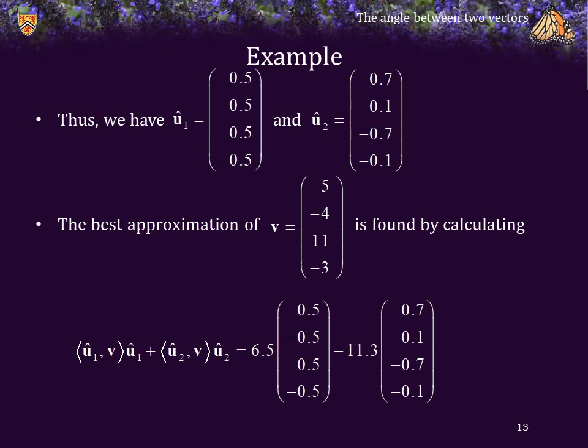If we calculate these, we get this vector here, which isn't that far off. And in fact, this is the best linear combination of these two unit vectors that approximates the vector v. Any other linear combination of u1 and u2 cap must be further away from the vector v.